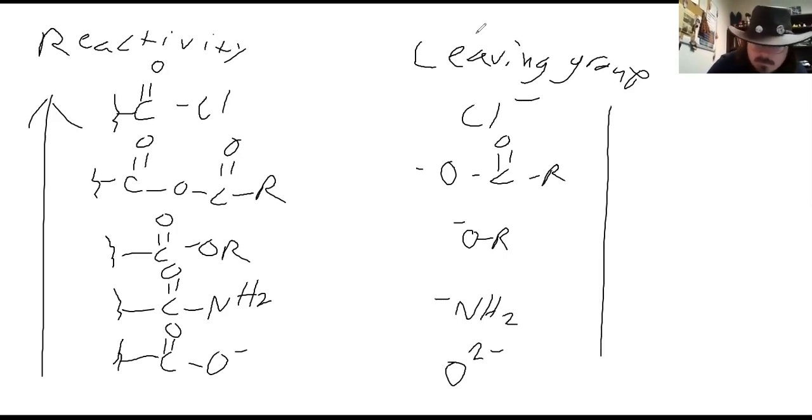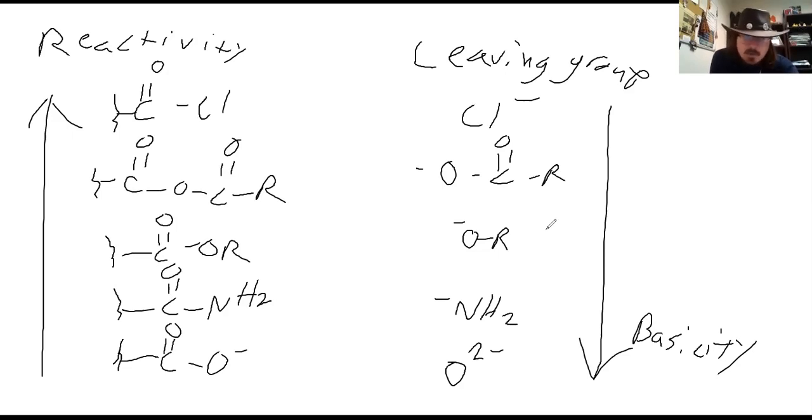And here we look at basicity. We see this trend that as we go up in reactivity, the basicity decreases. Strong bases are good nucleophiles, as long as they're not bulky. So this one will not leave at all. This is not going to be a leaving group. That is such a strong base that it is not going to want to leave.